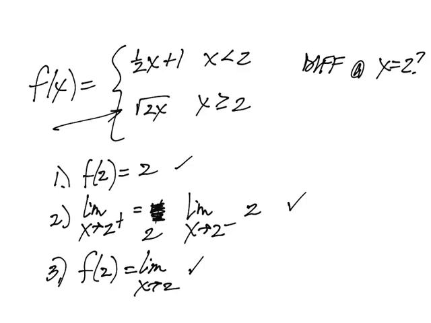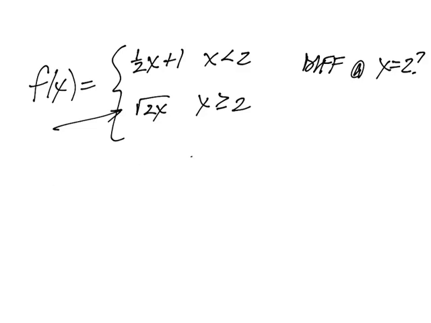Now keep in mind, just because a function is continuous does not mean that it's differentiable. I still need to check for smoothness. So let's do that now. All right, so what I'm going to do is I'm going to take the limit as x approaches 2. That's where I'm trying to establish differentiability. And again, it's going to be f of x minus f of c.